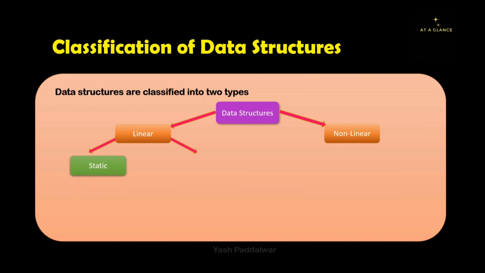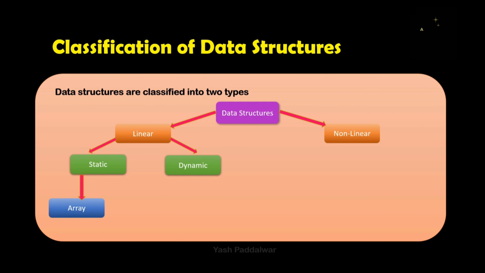Now let's see the subcategories of linear data structures. So linear data structures are broadly categorized into two categories. First is the static and the other one is the dynamic. A static linear data structure is nothing but the arrangement of elements in memory which is fixed in size. An example of a static linear data structure is the array.